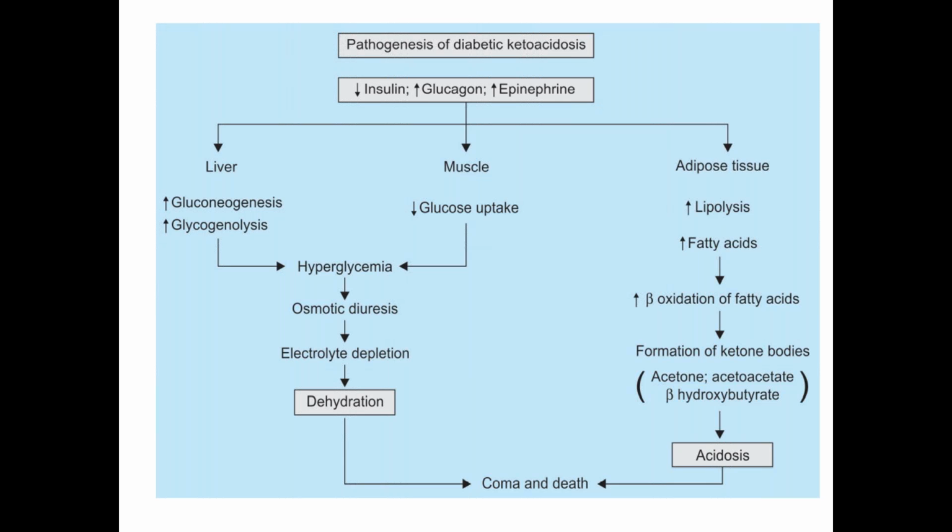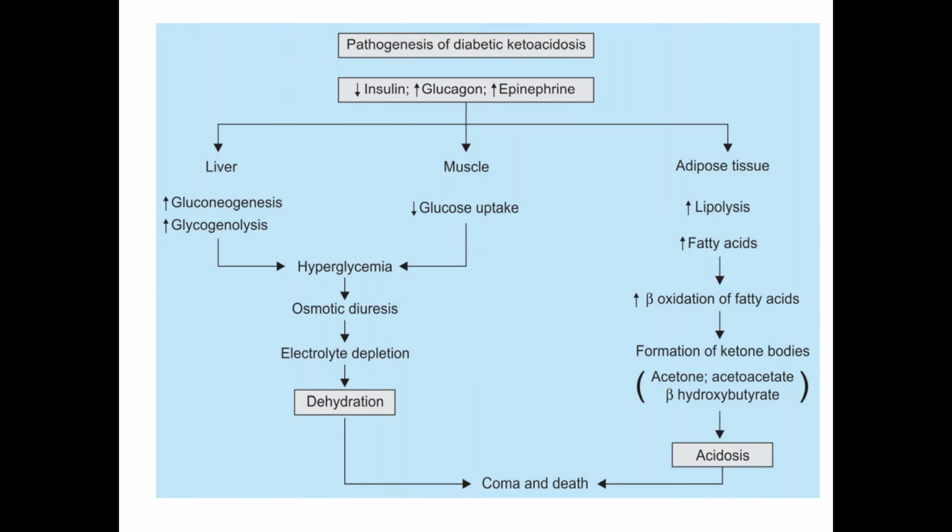These are diabetogenic hormones, and in the liver, this leads to increased gluconeogenesis and increased glycogenolysis. So glycogen is broken down and proteins are converted into glucose. This contributes to hyperglycemia. Similarly, in the absence of insulin, the uptake and metabolism of glucose in the muscle is impaired. So there is decreased uptake of glucose by the muscles, and this also contributes to hyperglycemia.